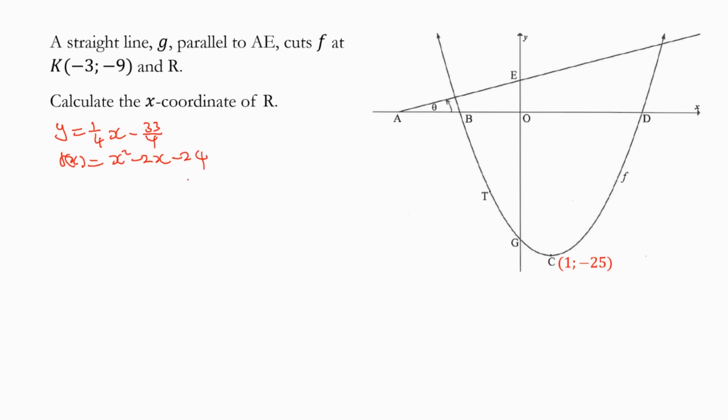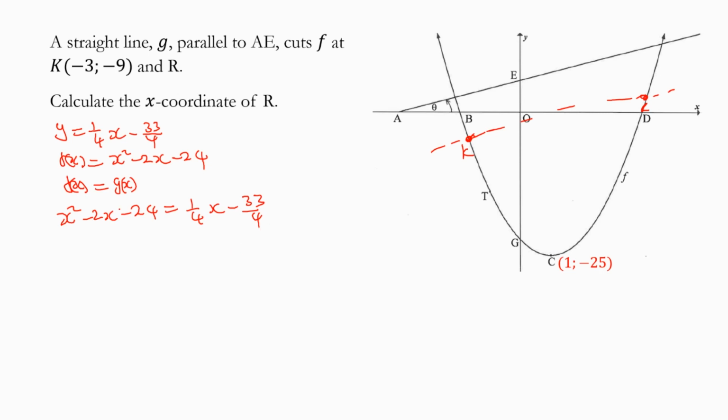We can equate these two functions because at the points of intersection, they are equal at K and R. Therefore, at the points of intersection, f of x is equal to g of x. So x squared minus 2x minus 24 is equal to 1/4x minus 33/4.